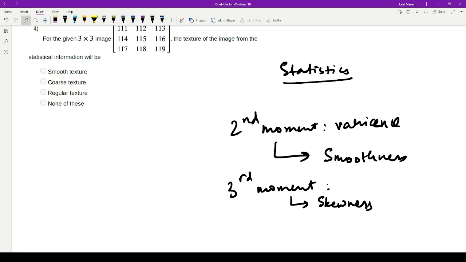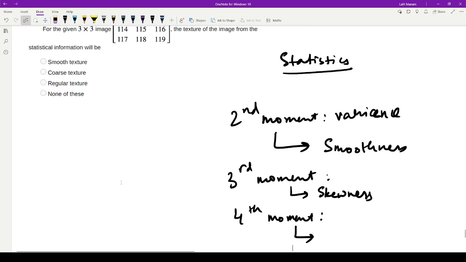And what is the fourth moment? I guess that's what was discussed in the lectures. It gives uniformity. Uniformity is again quite easy to understand, right?